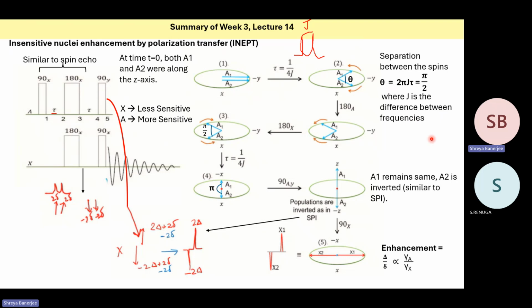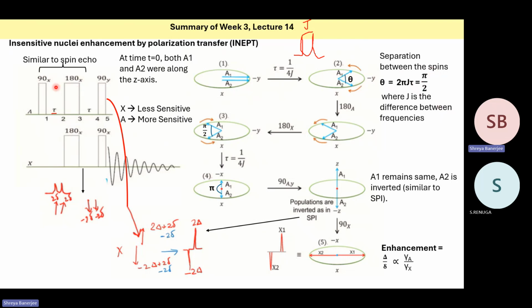So we know that angle traveled by A1 is 2 pi omega 1 tau, and angle traveled by A2 is 2 pi omega 2 tau. If you take the difference in these angles, you will get the angle between A1 and A2, and that will come to 2 pi (omega 1 minus omega 2) into tau, that is 2 pi J tau, because J is the difference between the frequencies. Now this angle we will set in such a way that it is 90 degrees. So we will take tau in such a way that this angle comes out to be 90 degrees.